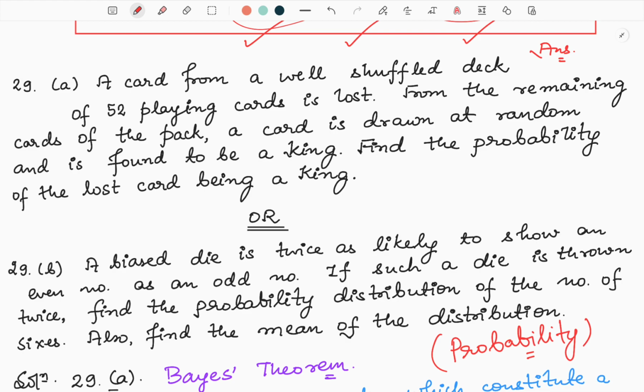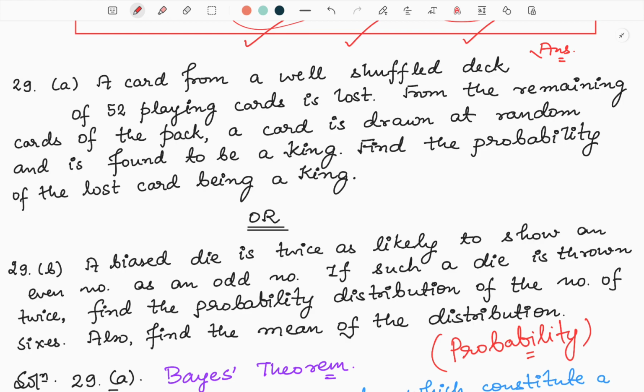Okay, because the questions I have already solved, based on Bayes theorem and random variable probability distribution, are not very easy questions, because you have to think beyond the calculation also.